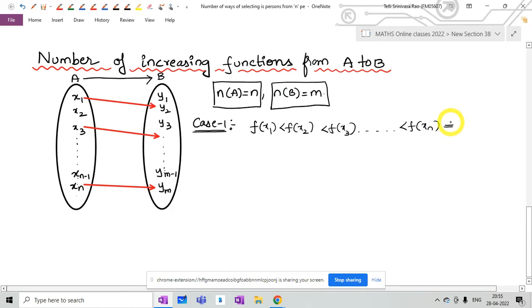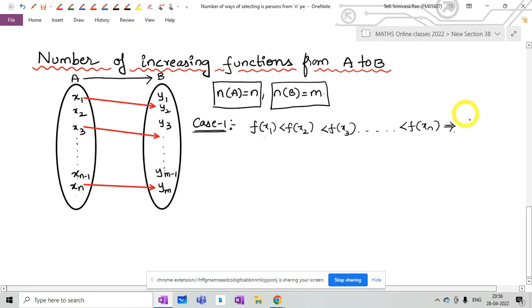Now, in how many ways can this case be done? Out of these m elements, we have to select any n elements and do the mapping, because each number here should be from y1 to ym.